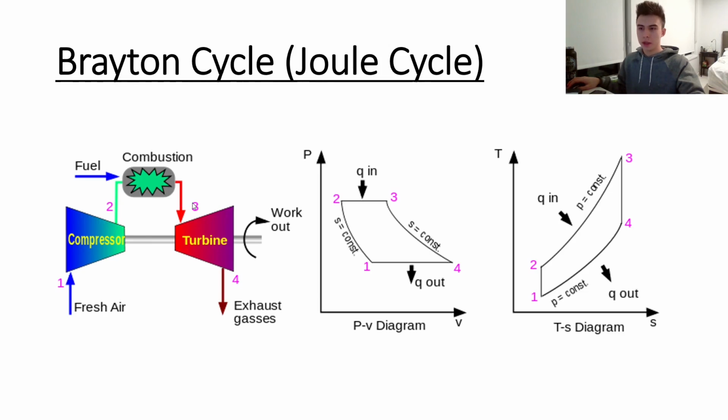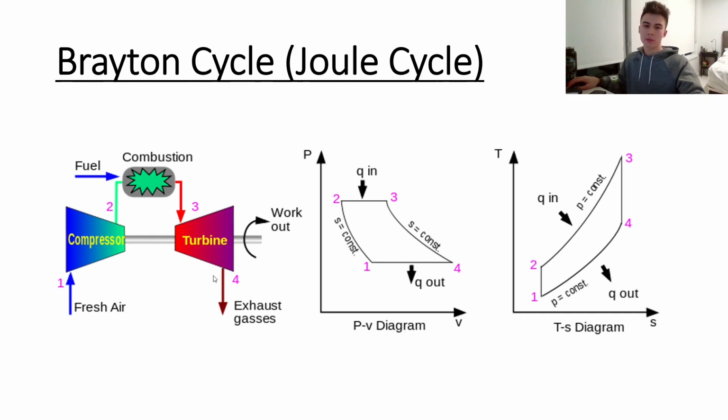Thirdly, an isentropic process again, which is adiabatic, takes place and the hot pressurized air loses its energy. And fourthly, an isobaric process takes place in which heat is rejected, the exhaust gases, in other words, are released.